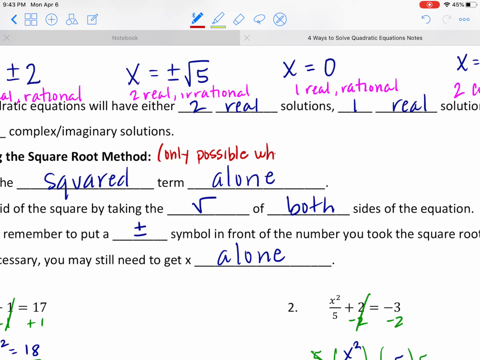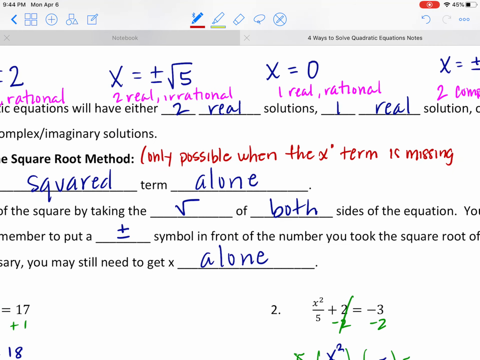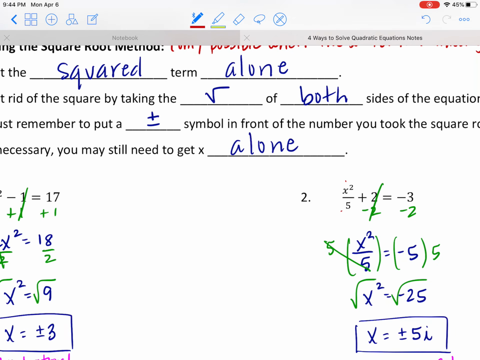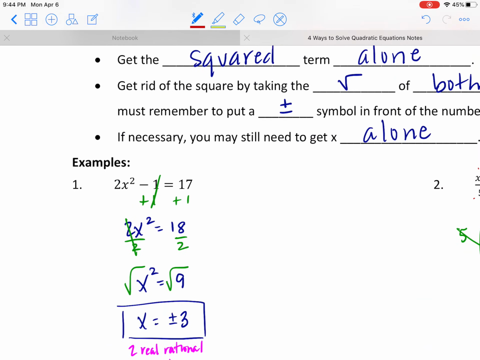So the square root method is nice, but only possible when the x to the first term is missing.